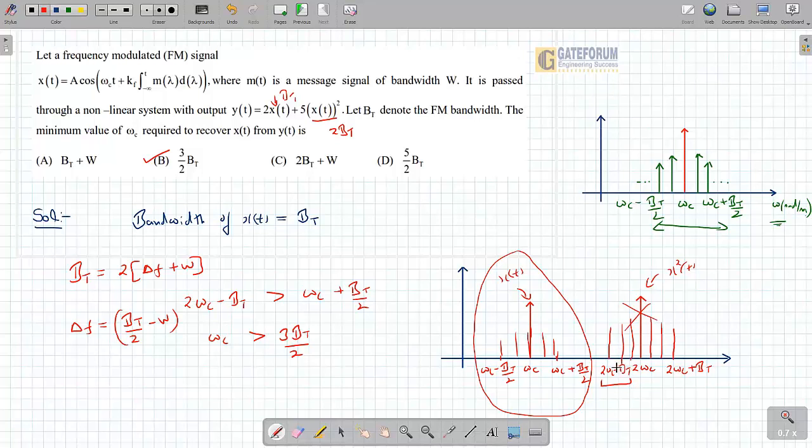Again it will come to the same thing, because delta F is difficult to find from this, right? At the end, we will conclude that the answer for this is 3 by 2 BT.